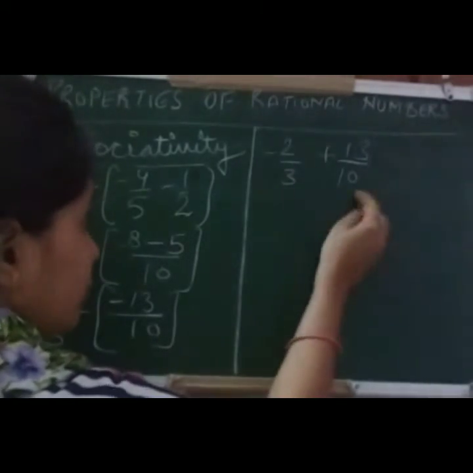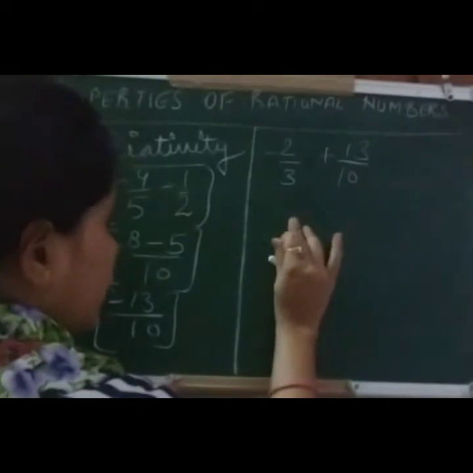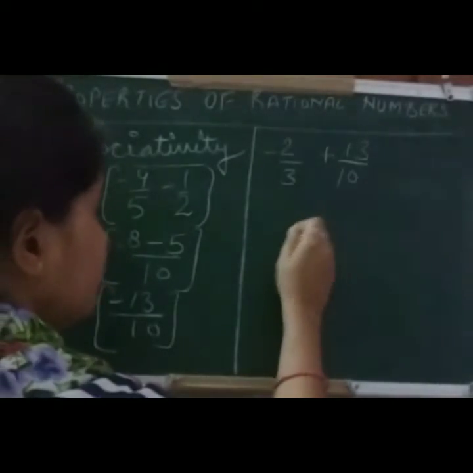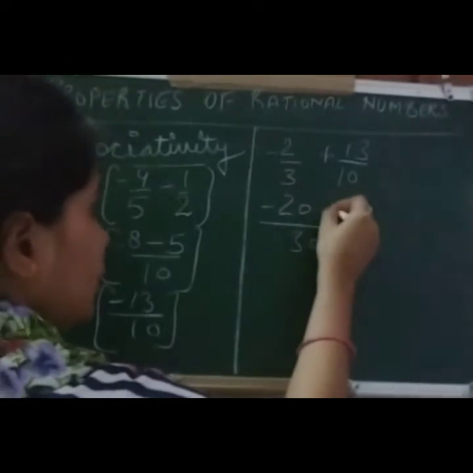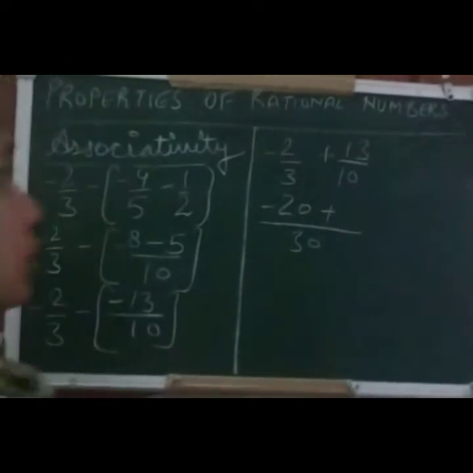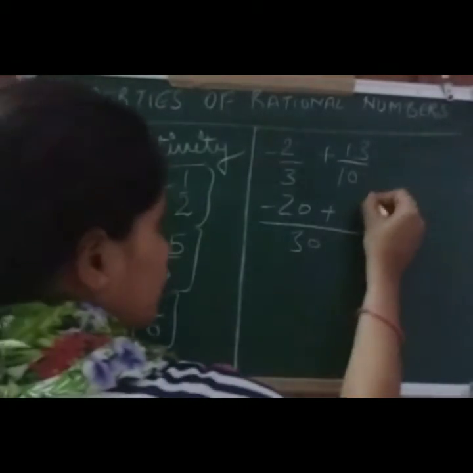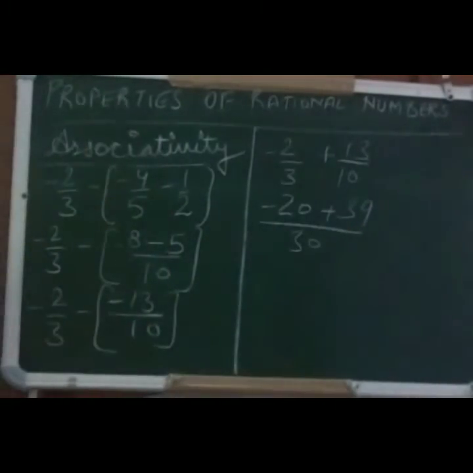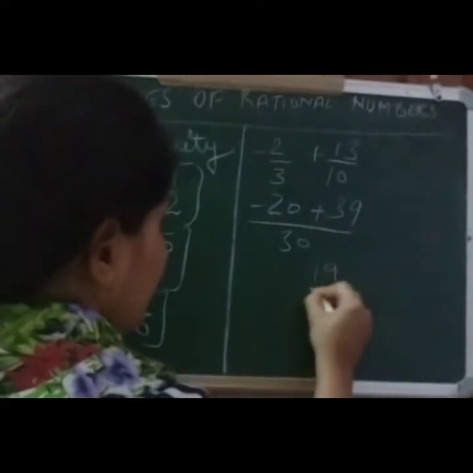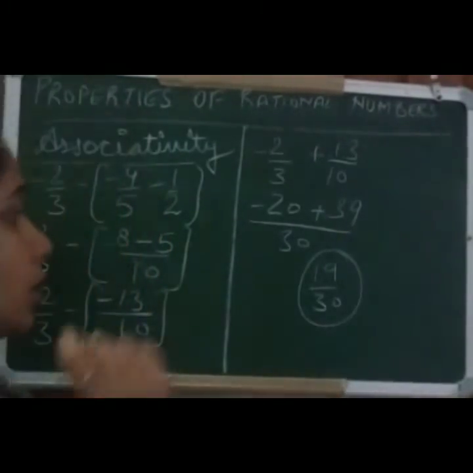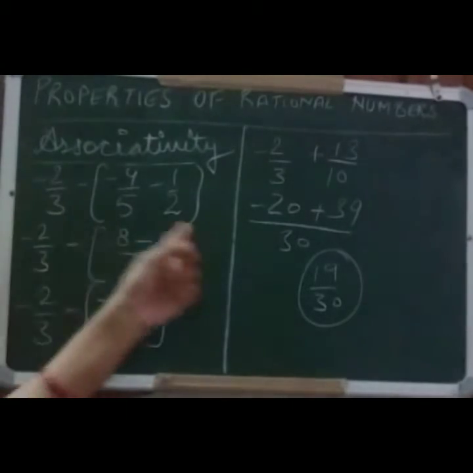Now take the LCM, it will come 30, 20 and with 3, 3 3s are 9, 3 1s are 3. Now subtract it. It will come 19 by 30. This is the answer when we have arranged them like this.